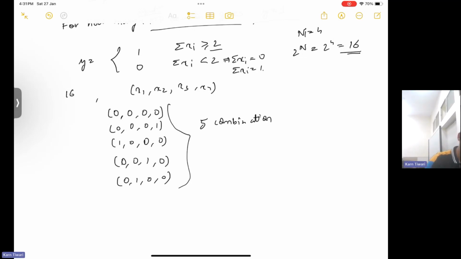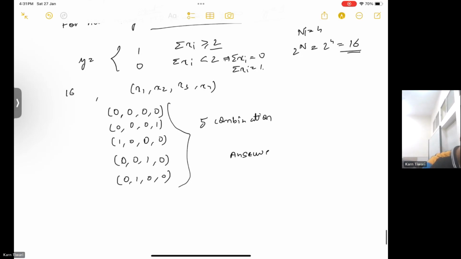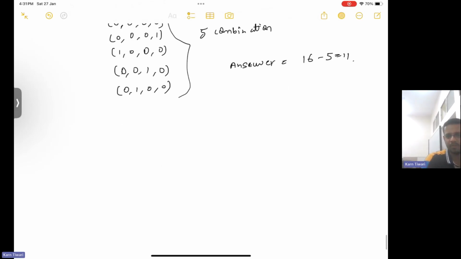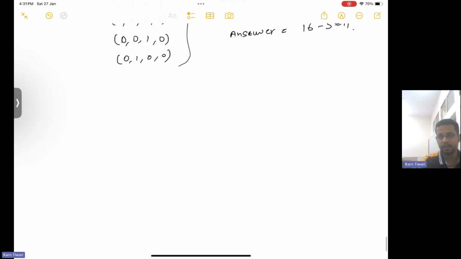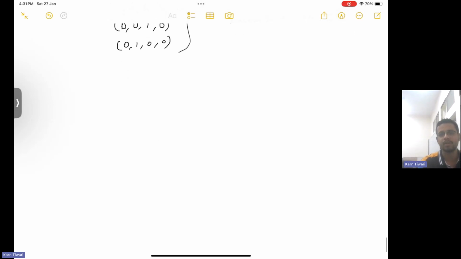So the answer is basically 16 minus 5, which is 11. This was one way of doing it. Otherwise, you could write all the 16 combinations, sum them up, and see whichever one is greater than or equal to 2. That's the brute force method, but that will also work.